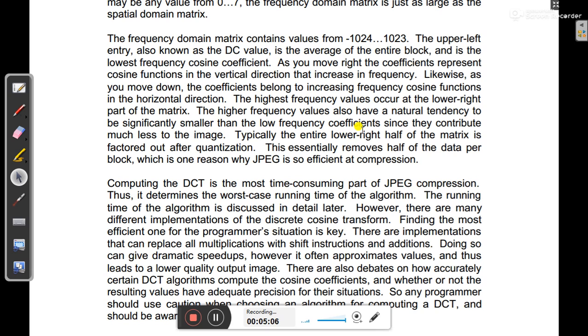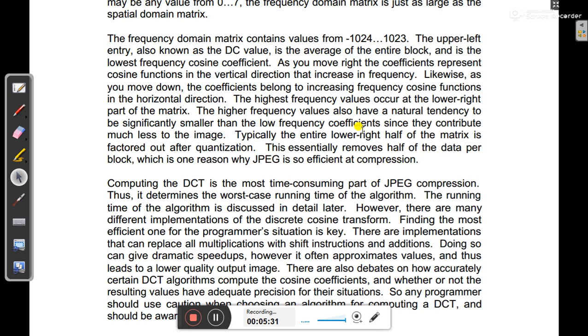This essentially removes half of the data per block. So due to removing half of the frequency matrix values, which do not add anything to the image because they have high frequency, we are losing or removing half of the data.